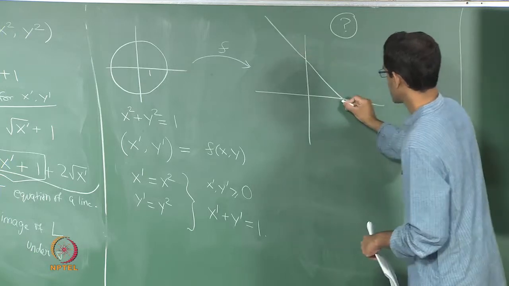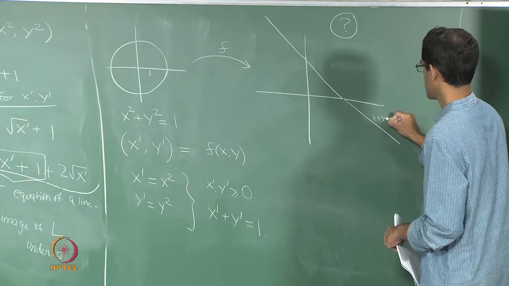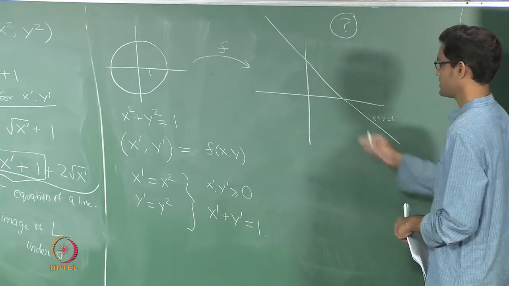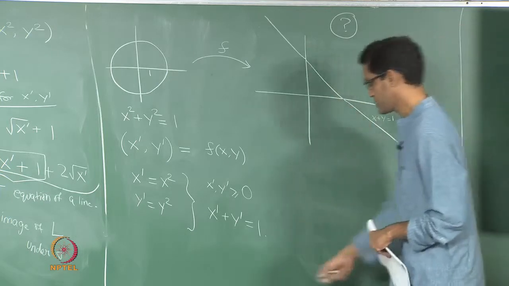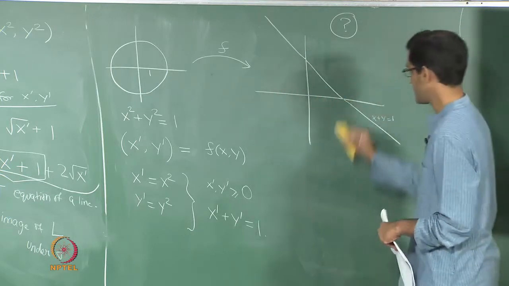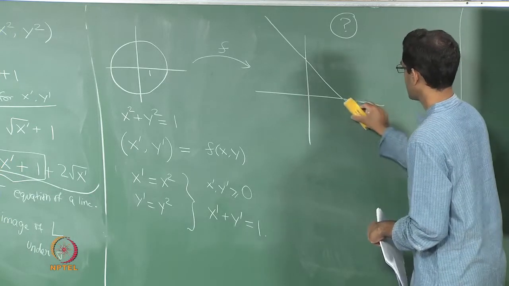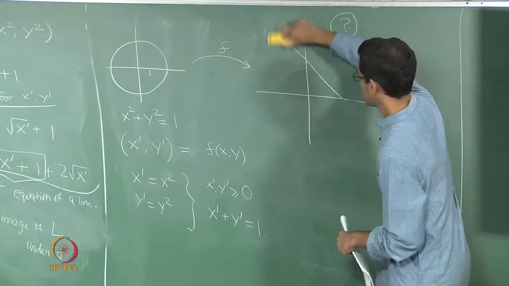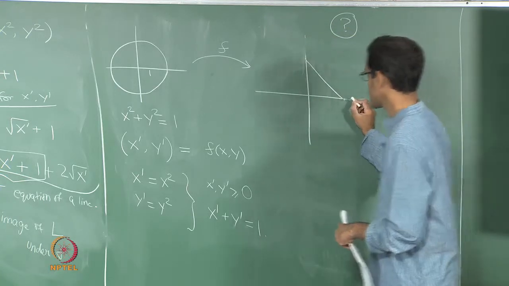So, here is the line x plus y equals 1, and this point x prime y prime must lie on this line, it can only vary on this line. But further, remember, it lies only in the first quadrant. So, it is not even a line anymore, it is only this particular line segment that it must lie on.